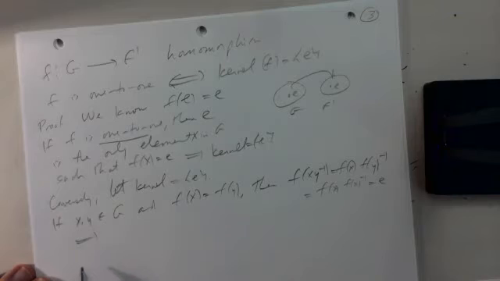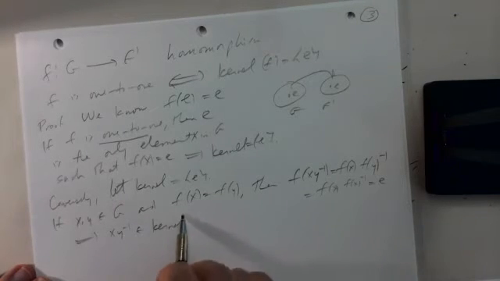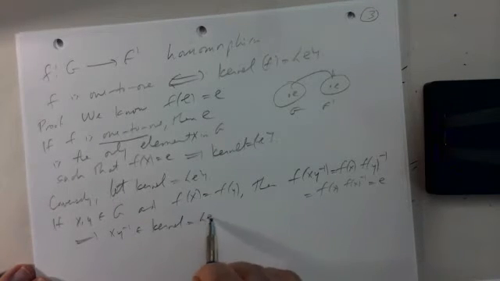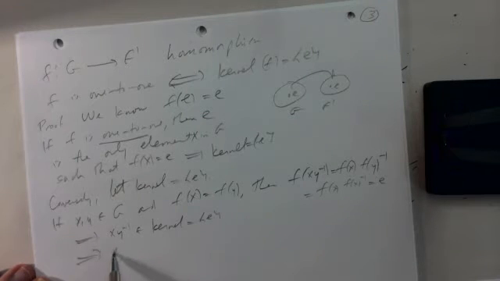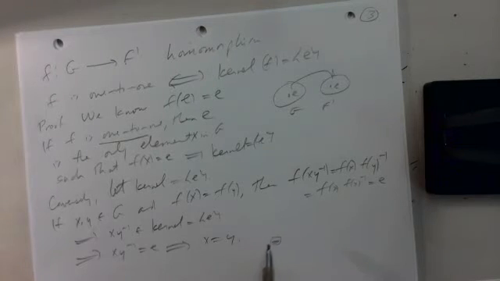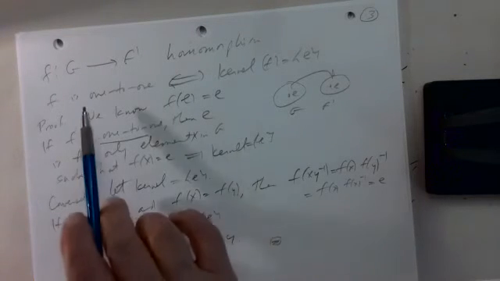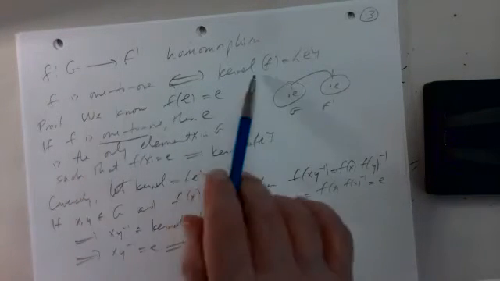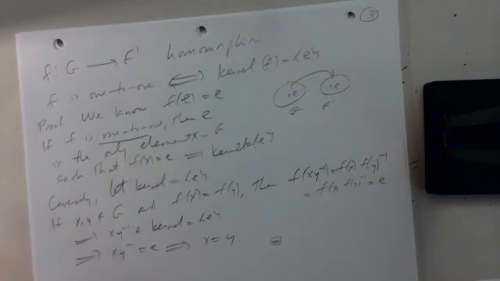That implies that X Y inverse is in the kernel, which is just the identity, which means X Y inverse is the identity, which means X equals Y. So a homomorphism is 1-to-1 if and only if its kernel is the identity.